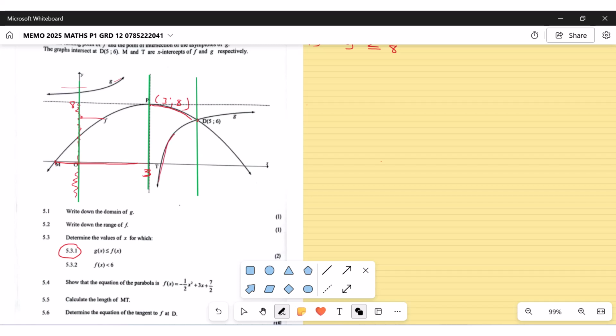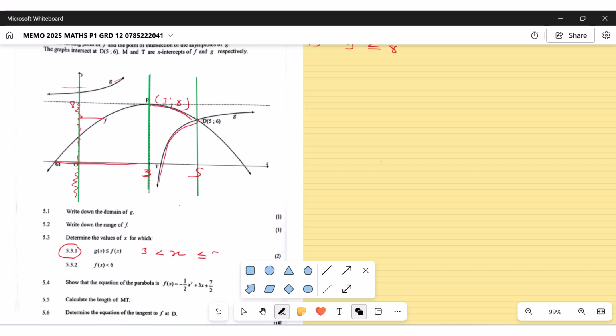So I don't want that. So my answer should be from 3 until 5. So it's going to be the x values starting from 3 until 5. Now I don't put an equal sign here because the 3 is an asymptote, so I can't put an equal sign here, it won't be correct. So that is it there.